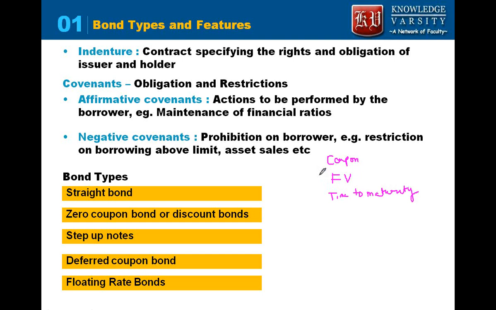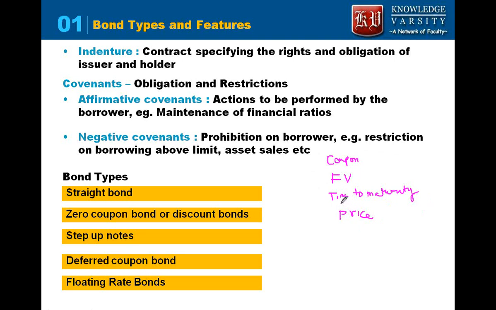As we saw in time value of money, you can find the present value of the bond and then you will have the price. So a bond has coupon, face value, time to maturity, and price. Depending on how these are structured, you can have infinite bond types.